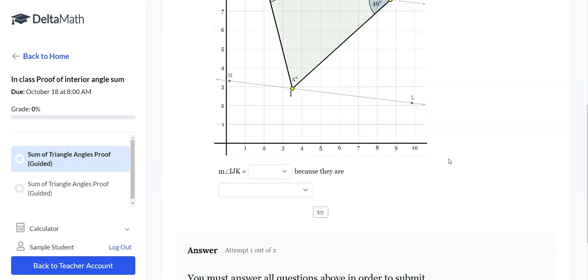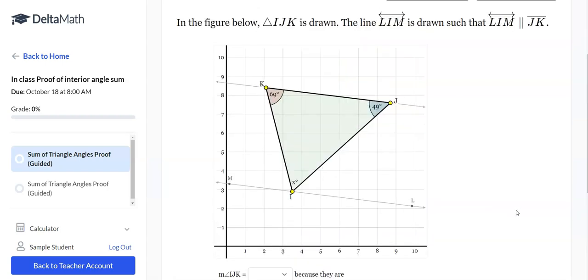So what we're going to do is look here at these fill-ins. It says the measure of IJK is equal to one of these other angle measures. If we look here, IJK is this 49-degree angle right here.